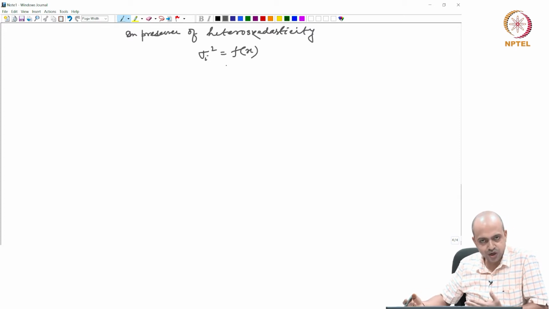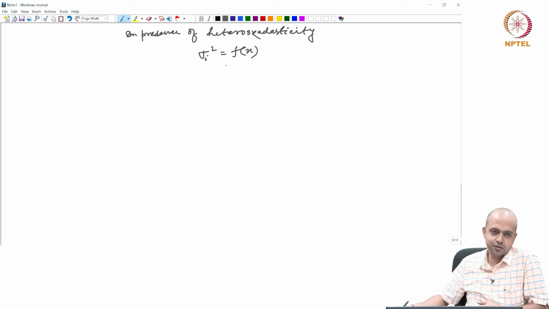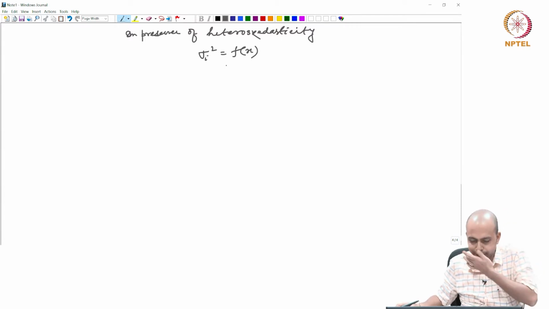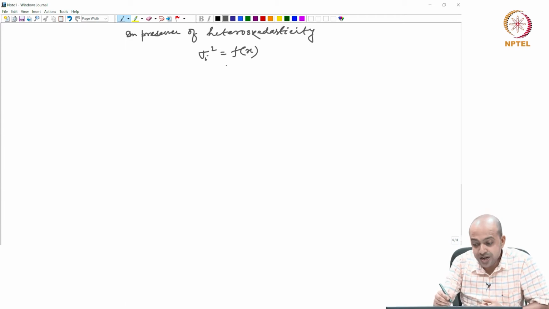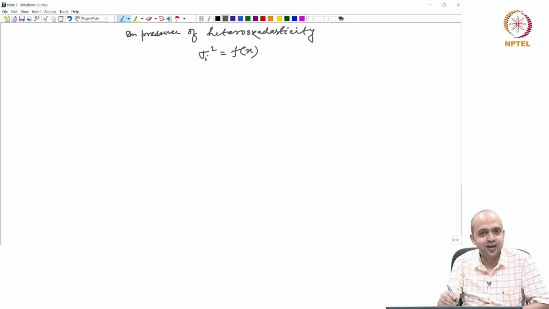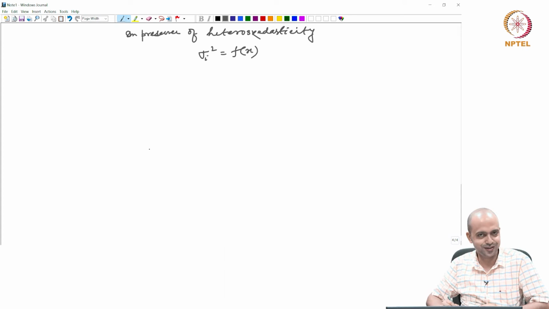Instead of being constant, it is a function of x, either increasing or decreasing, I do not know, but it is a function of x. Now, depending on what specific functional form you assume, there is a separate test that econometricians have developed to detect heteroskedasticity.